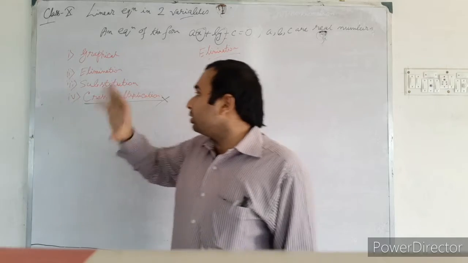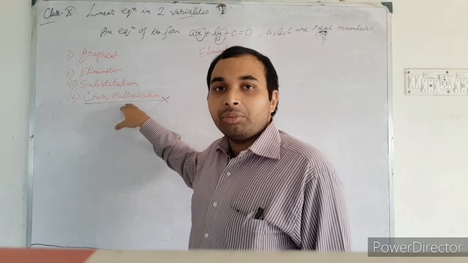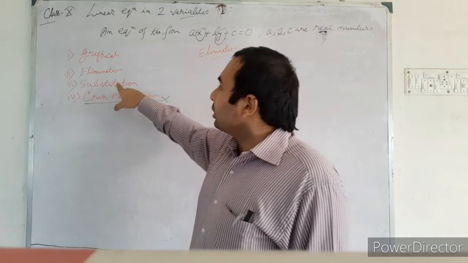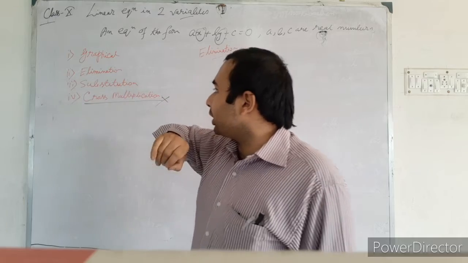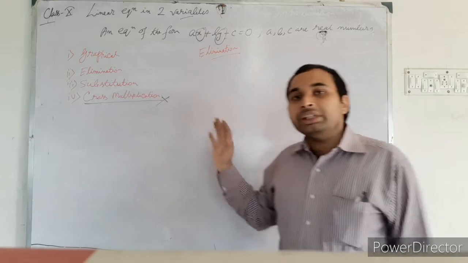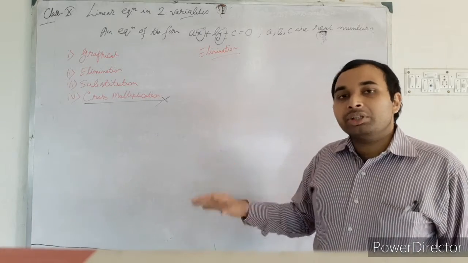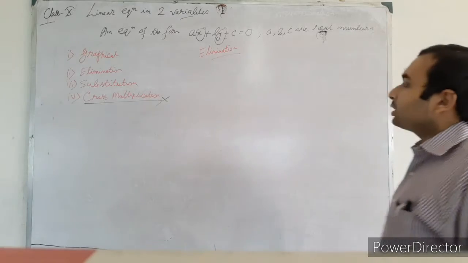In your syllabus, elimination and substitution, those two methods are there apart from the graphical method. The cross multiplication has been removed, I have told. So among elimination and substitution, choose only one, whatever you are feeling easy, and apply this method in all the equations.